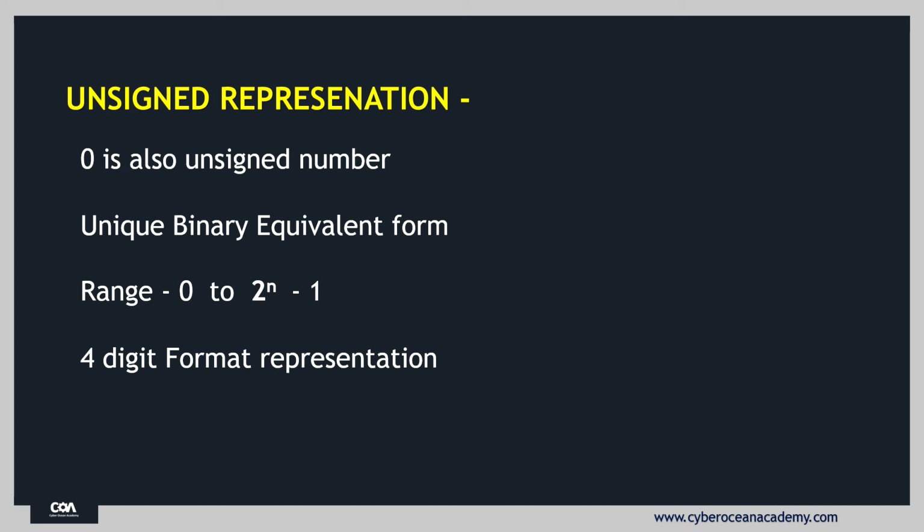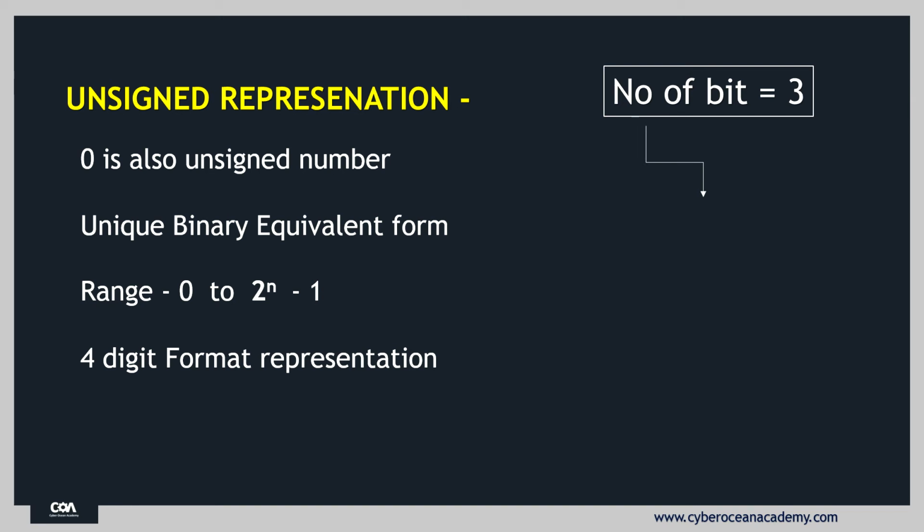Another point is the range. The range of an unsigned number varies from 0 to 2 to the power n minus 1, where n is the number of bits. Suppose the number of bits is 3. What is the maximum possible binary number in 3 bits? We have only two digits in binary, 0 and 1, so the maximum number is 111, which in decimal is 7.